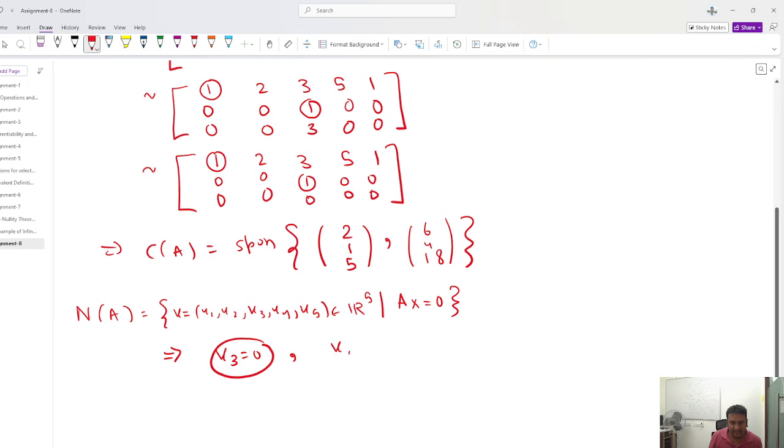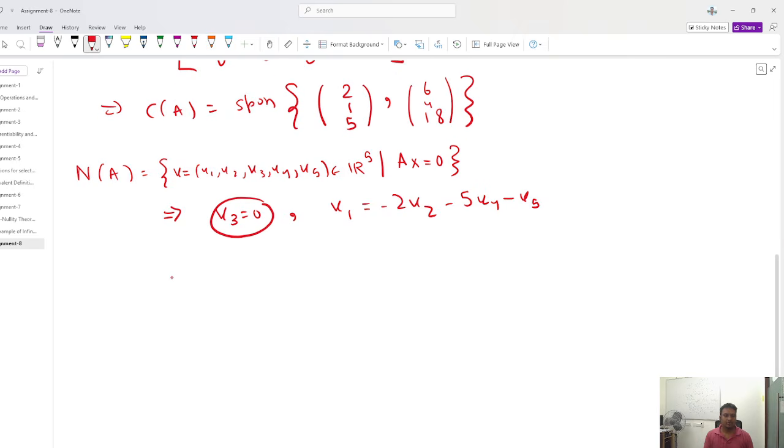And x1 you can write as minus 2x2 minus 5x4, omitting x3 because x3 is 0, minus x5. So what is your null space?